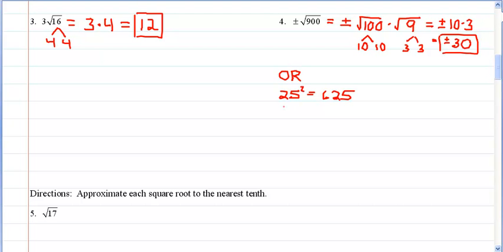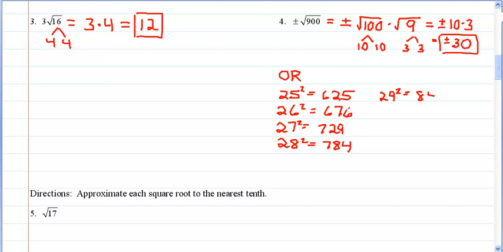If you'd like, you can just pick up with 26 squared, which is 676, and keep going until you get to 900. 27 squared is 729. 28 squared is 784. 29 squared is 841, and then 30 squared is 900.